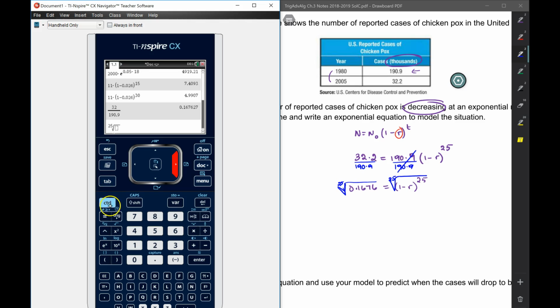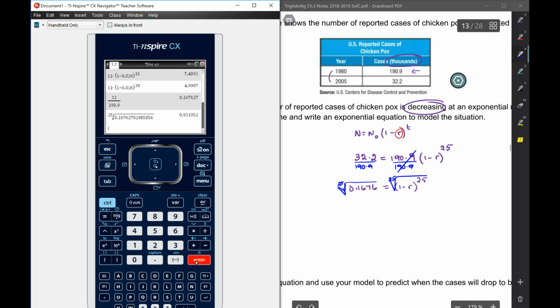So you do control, answer, that's the negative button, right? That means it's not rounding for you, and you're not typing incorrectly. It takes the whole answer, so it's the most precise answer we can get. Okay? Enter. 0.931 is equal to 1 minus r.